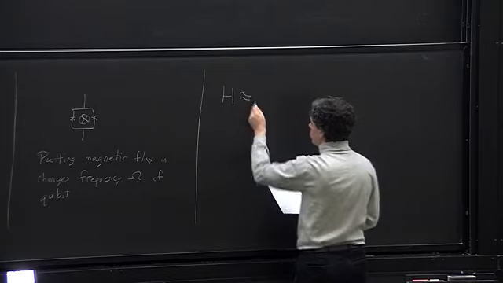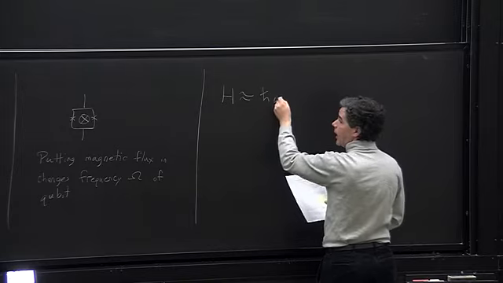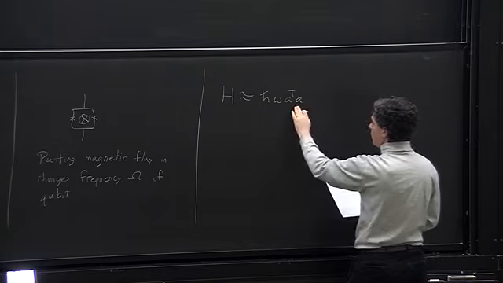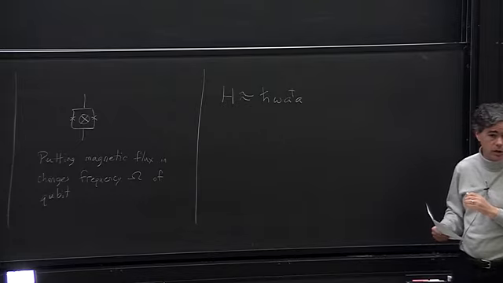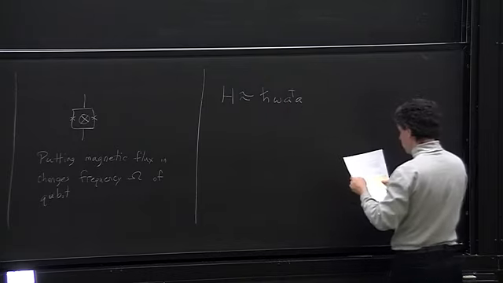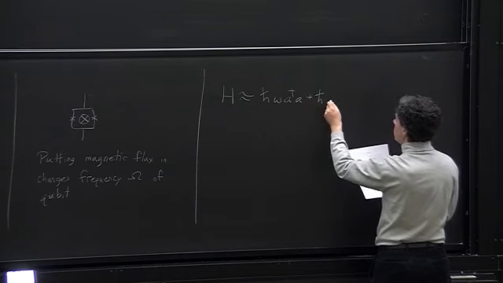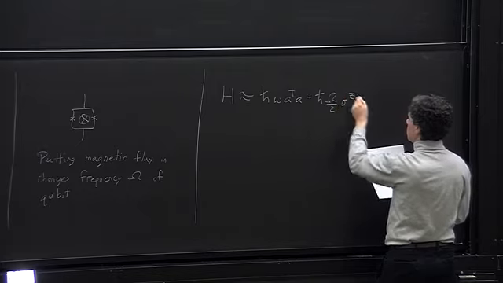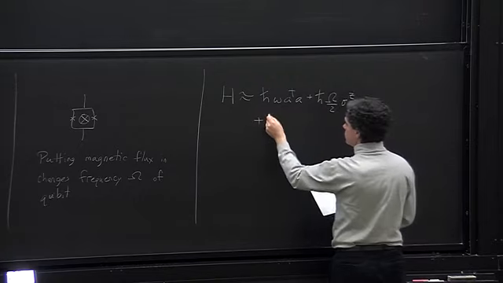And the Hamiltonian we get out of this, well, it's complicated, but let's simplify down to something that looks like this. So this is the photon. The a's are the photon annihilation and creation operators. So this is the photon Hamiltonian. And we have the qubit Hamiltonian. And then we have a coupling term.